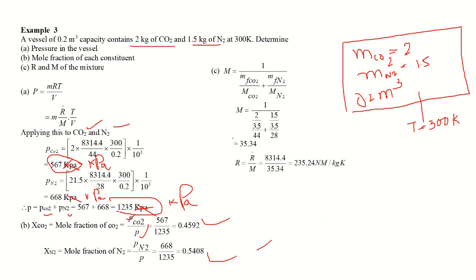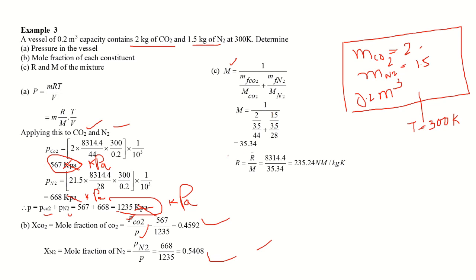Good. Right. Now we want to find the R and M of the mixture. So for that we will find M. M is 1 by the sum of mass fraction of CO2 by molecular weight of CO2, and so on. Mass fraction is 2 divided by 3.5, 2 is the mass of carbon dioxide, total mass is 3.5. You'll get this with the molecular weight of carbon dioxide. Mass fraction of nitrogen is 1.5 by, again, total mass 3.5.